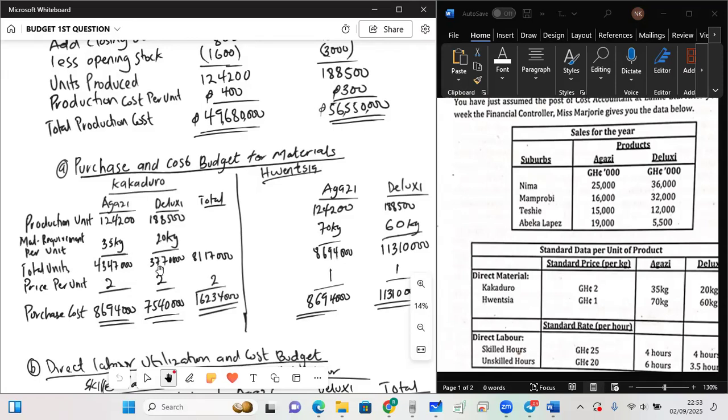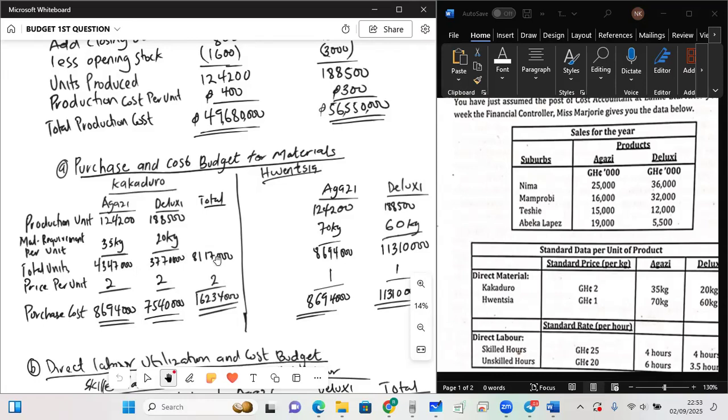And then for the Luxy, we will need 3,770,000. So we need Kakadro for this and for this. In total, we will need 8,117,000 Kakadro for both of them, right?